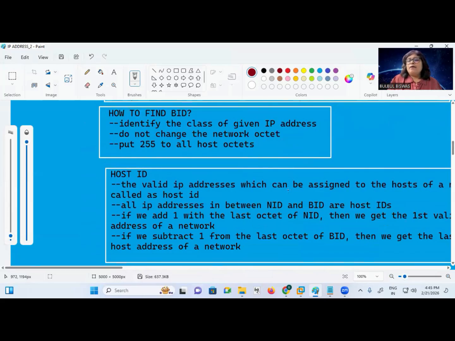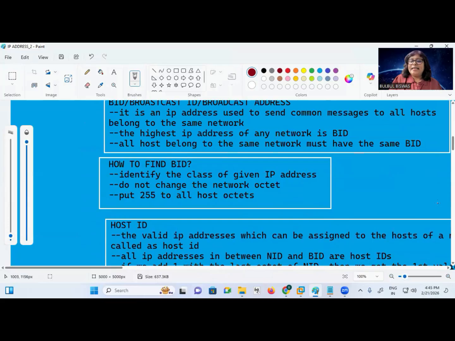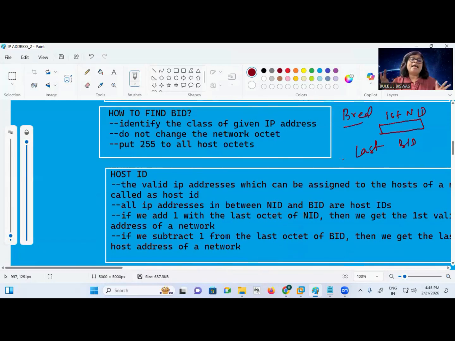So we say in general, a network is like a braid. In the braid, the first piece is NID and the last piece is BID. And what pieces do we have in the middle? The middle pieces are the host IDs. So what is the host ID? The valid IP addresses we can assign to the hosts in a network are the host IDs. Am I clear?